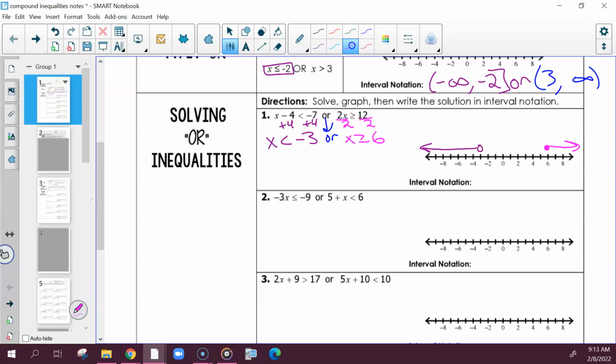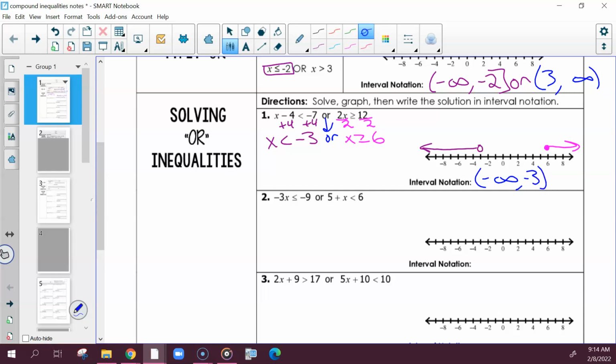How would we write this interval notation? Parentheses. Negative 3. This one would not be.